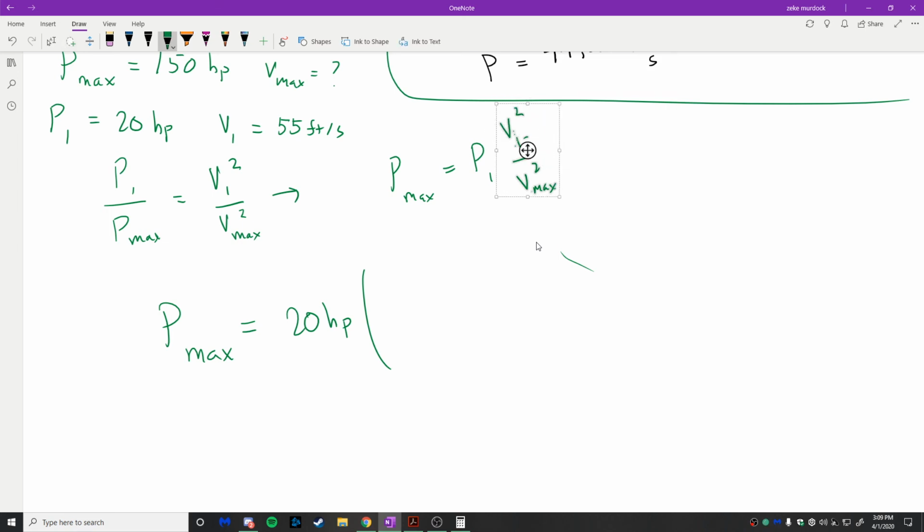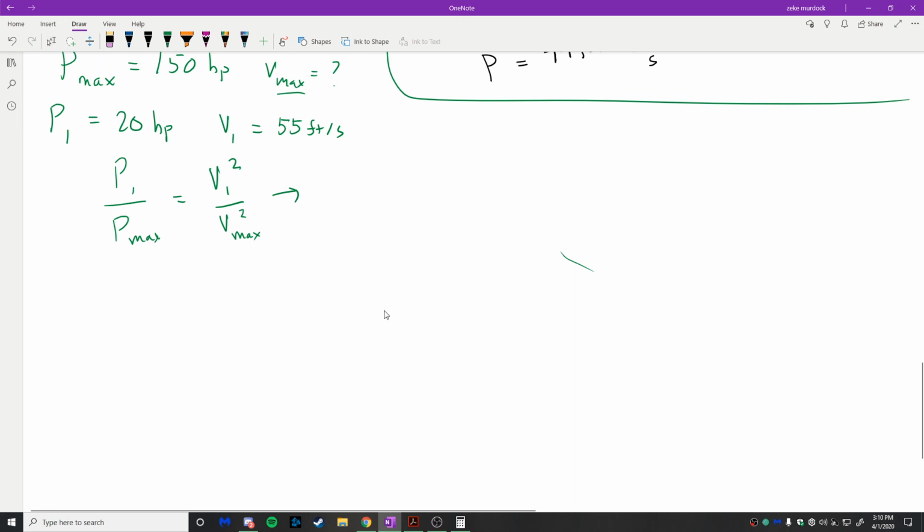Just delete this. Solving this over here, the P max would go to the right side, so the V max would be the one in the numerator. So this is going to be V max over V1, and they're both squared. Oh, we're solving for V max. Boy, I'm being really sloppy right now. Here, let's fix this.